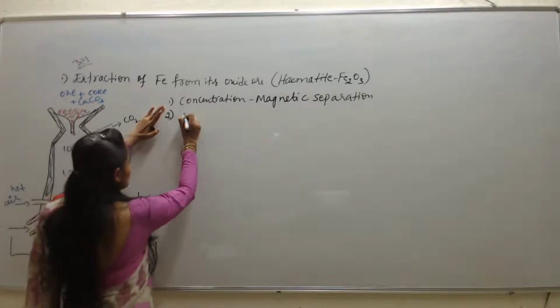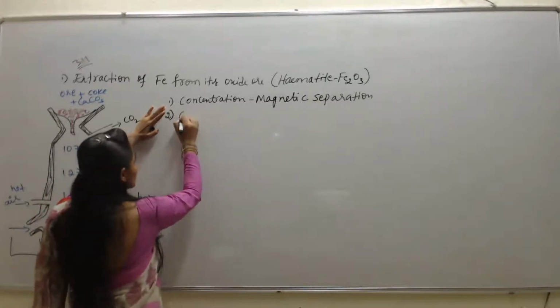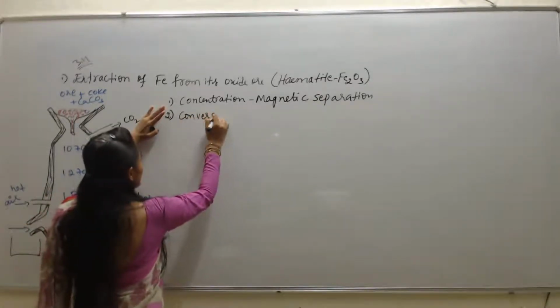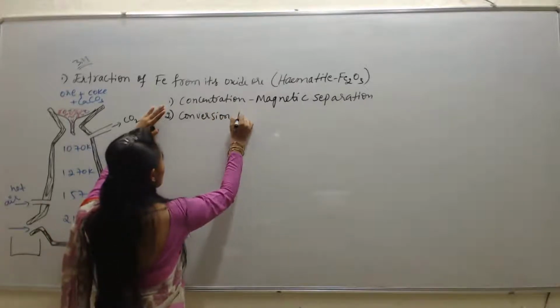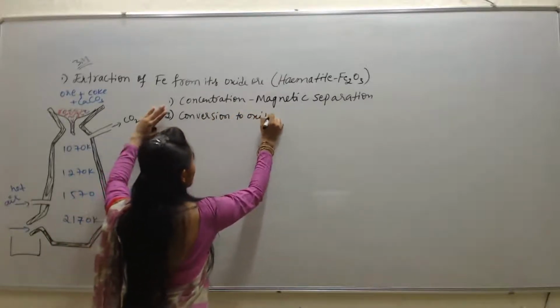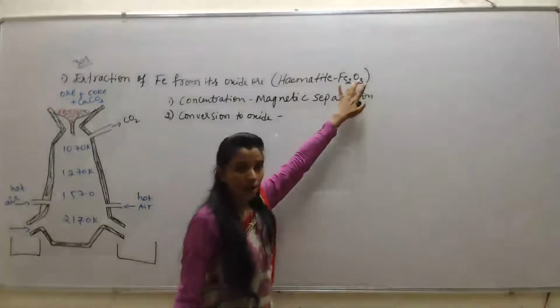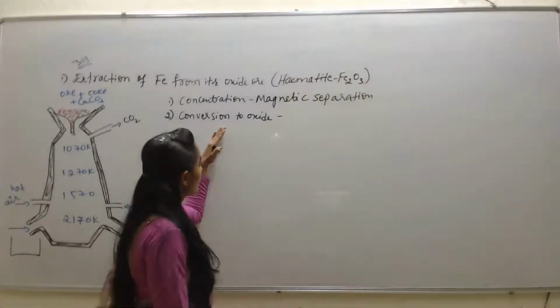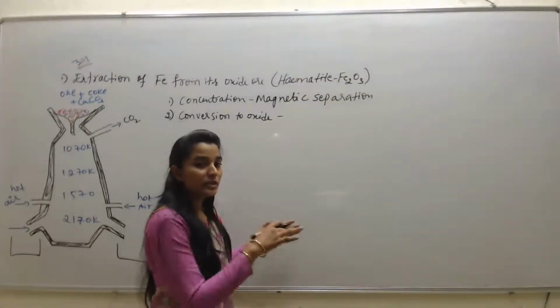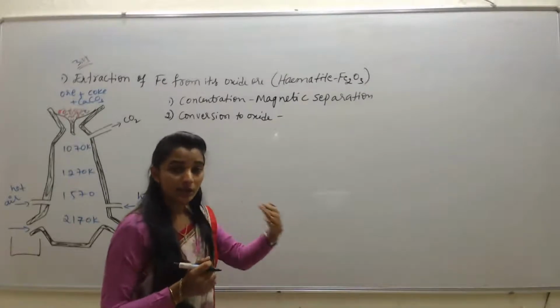The second one is conversion to oxide, correct? Here it is already an oxide ore, so there is no need to convert it into oxide. We just have to remove any extra hydrated molecules.